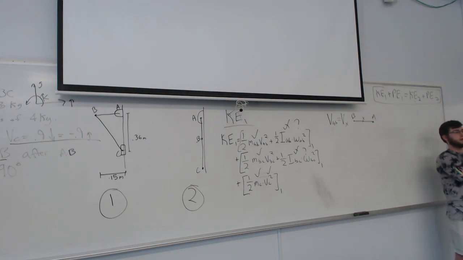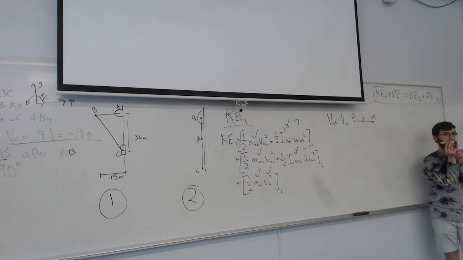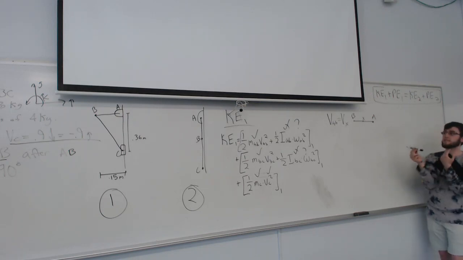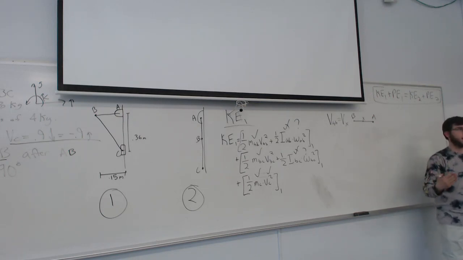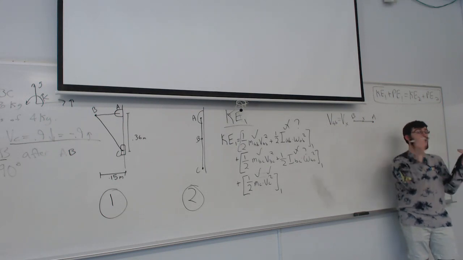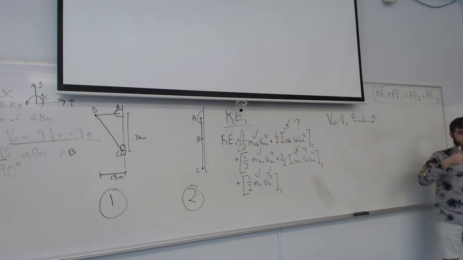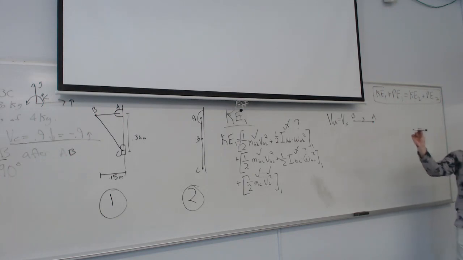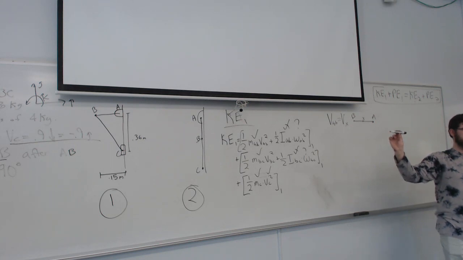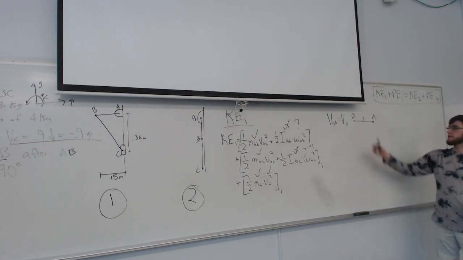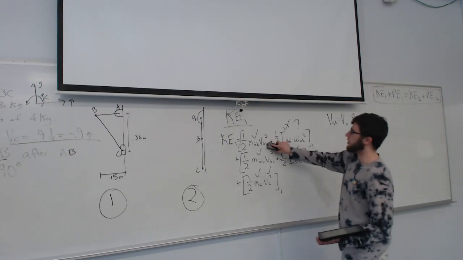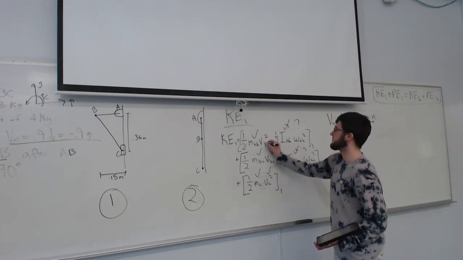So this entire rod, this is point A, this is point B. If it's just translating, then the center of mass of this marker has the same exact velocity as the entire rod translating. That's not true for rotation, because as we've learned, rotational velocity depends on the radius and stuff like that. But with translation, the ends of this marker are going at the exact same speed as its center of mass, right? So that's how I solved this.